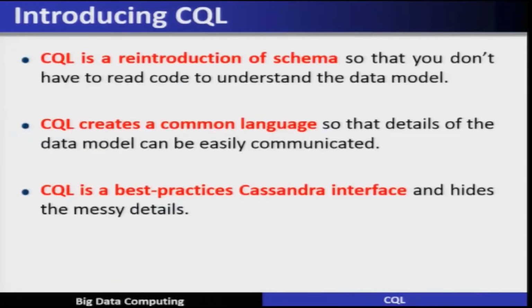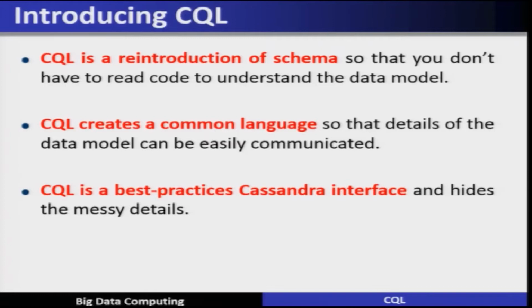Now, let us see about Cassandra query language to access this particular key value pair. This database Cassandra provides an easy interface that is quite similar to SQL, called CQL. Let us go and discuss more detail of it. So, CQL is a reintroduction of a schema, so that you do not have to read the code to understand the data model.